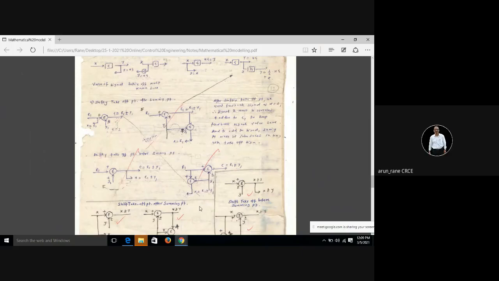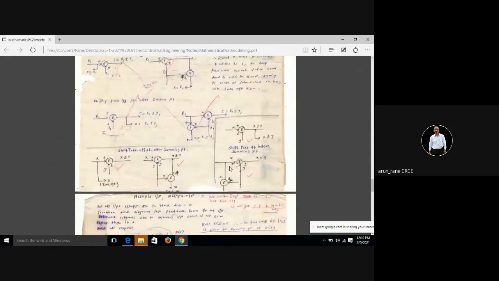So here I should get x is equal to r1 plus or minus r1. So I am getting the same x. So what modification has been done? No inverter. This is y1. So y1 is going here, and we have r1 coming here. So we get x is equal to r1 plus or minus y1. So these were the rules.